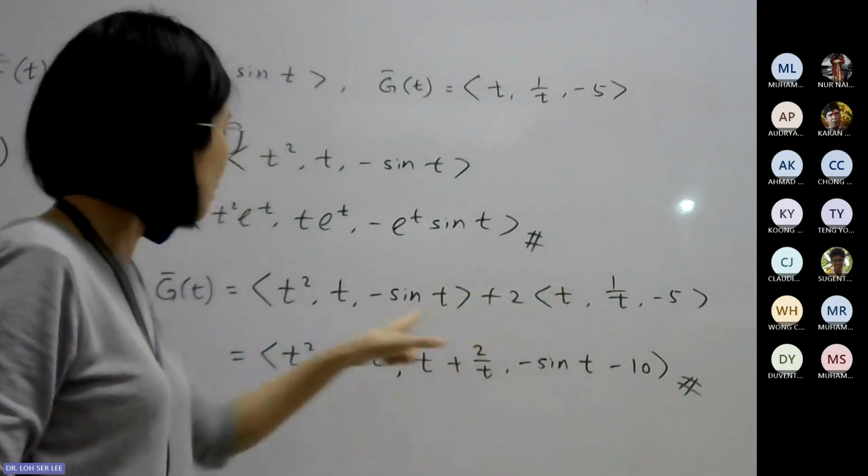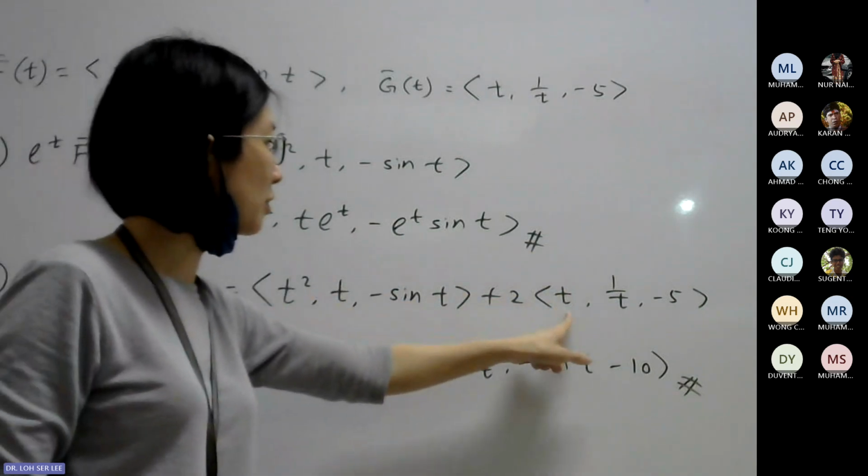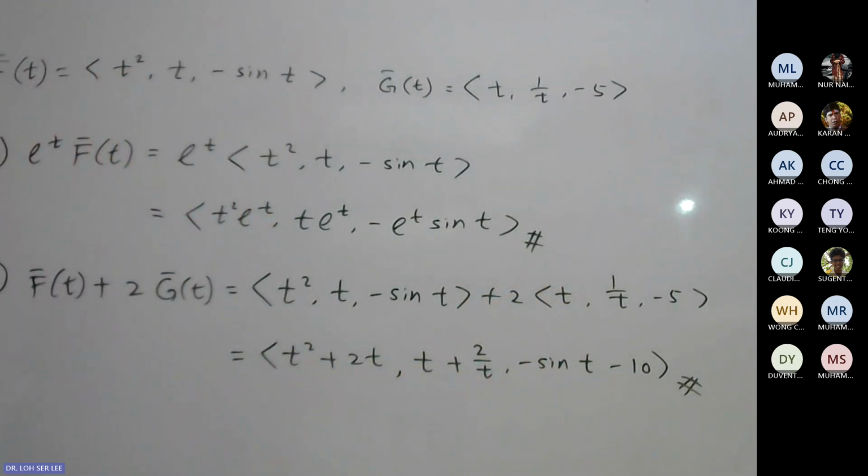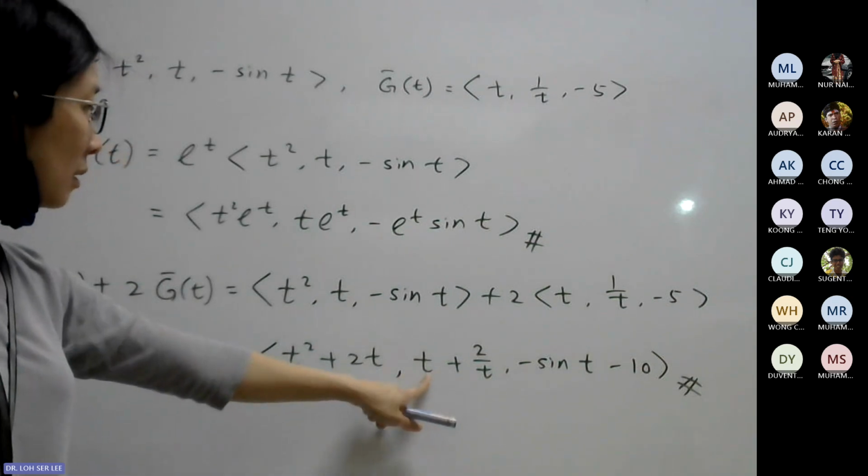And this is 2t. So the first component is t squared, the first component is 2t, so t squared plus 2t. Then the second component, t plus 2 over t. It is fine.